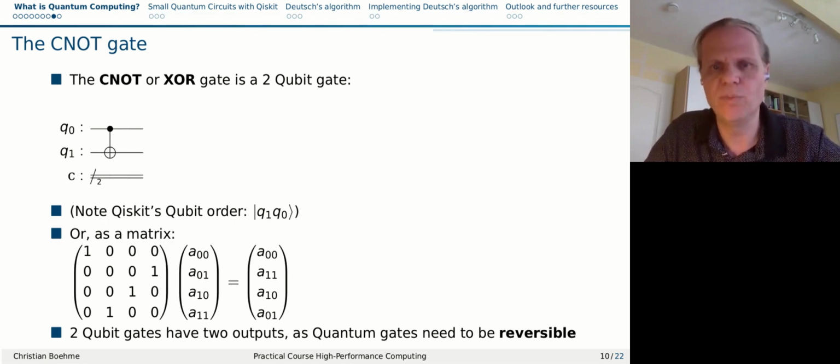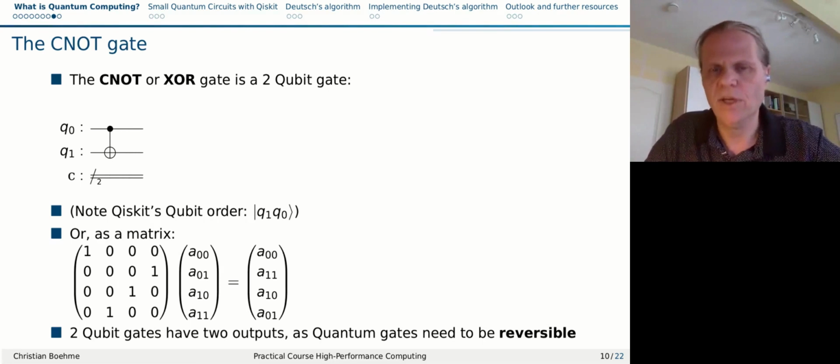So if you begin with the state 0, 1, where this would be 1, this would be switched to 1, 1. Okay, so whenever 1 goes through here, this one is switched either from 0 to 1 or from 1 to 0. If this is 0, nothing happens here. That's one way to look at the CNOT gate. The other way is to see it as an XOR, and that becomes clear when you look at both qubits as input values and Q1 as the output value.